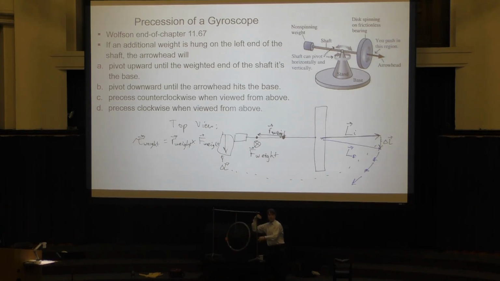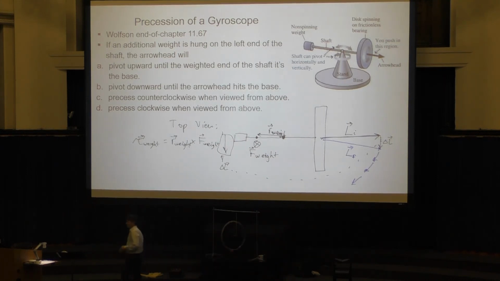So if I let go, it wants to go into the page. Make sense? I can spin it the other way. Let's spin it this way, so that now I've got an angular momentum vector going way, way out towards the left. Again, the torque of gravity, R cross mg, is into the page, so it's going to rotate it that way. That's what brings it around in that direction. So that's why it's precessing.